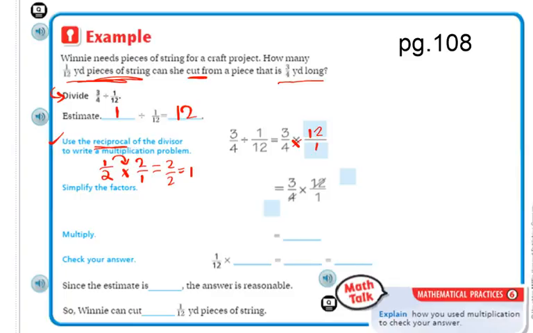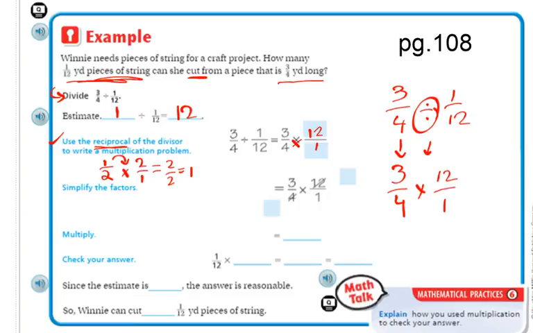And if I had this problem in front of me, what I would end up doing is I would take that 3/4 divided by 1/12, and I would think to myself, keep, change, flip. Keep meaning I take the 3/4 and I keep it. Change meaning I change that down to multiplication, and I flip or get the reciprocal of 1/12, which is 12/1. And then I would multiply that through.